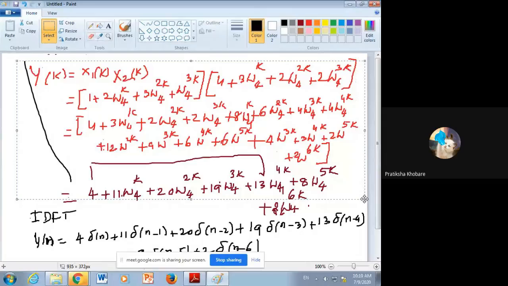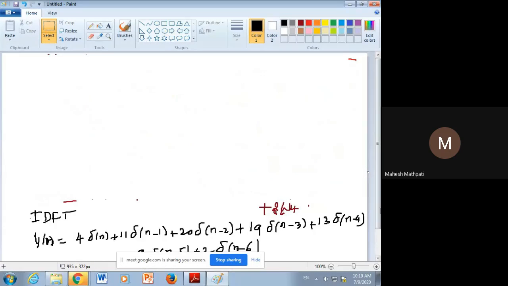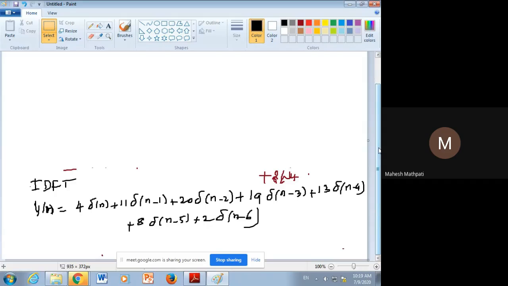Now if I want to write the coefficients of this, what is this 4 indicating? Can anyone tell me how I can write the coefficients here for y of n? This value exists at n equals to 0.